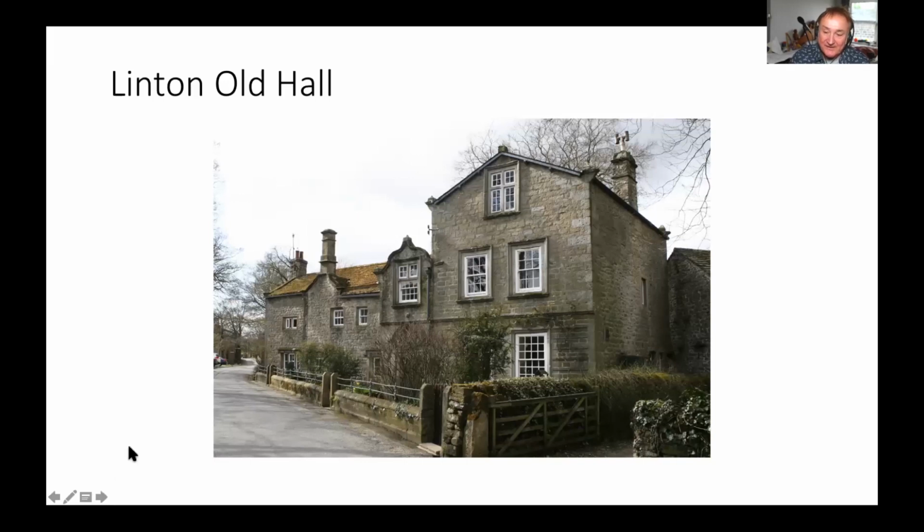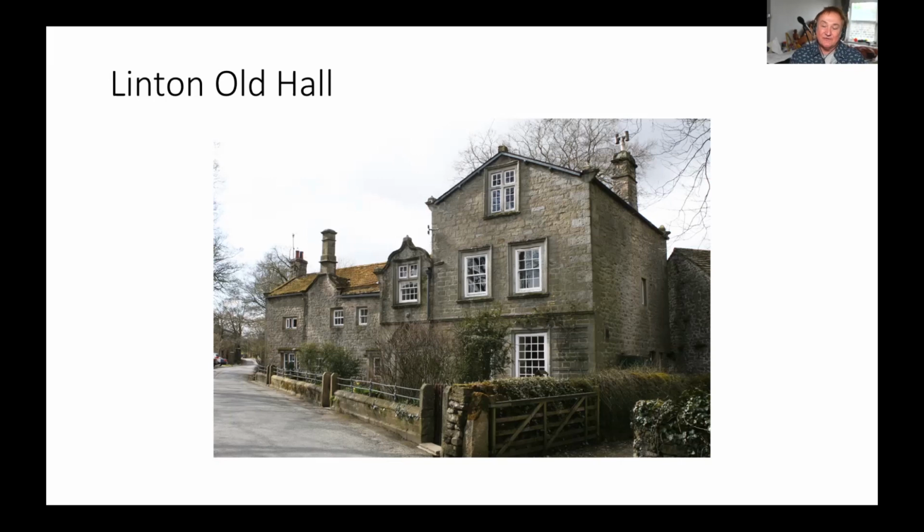The oldest part is to the left of the entrance, so it's this part around here, built or rebuilt in 1644. The Dutch gable effect added over here over the front door was added in the 18th century by the Atkinson family. Again, the Atkinsons were related to the Fountaine family.